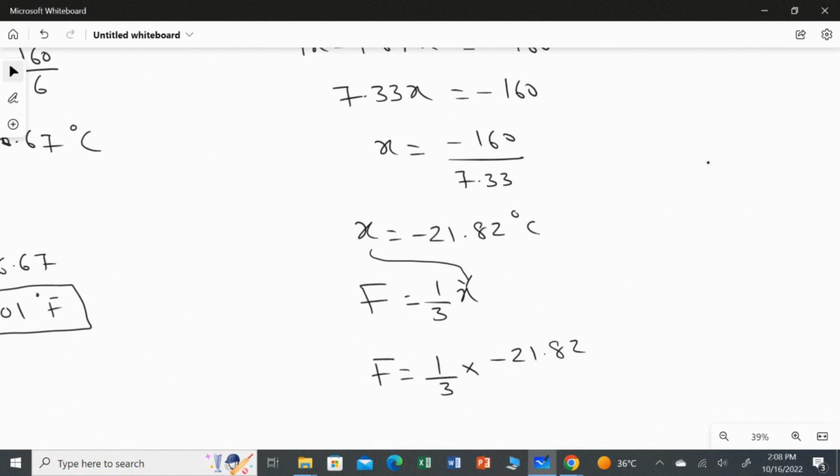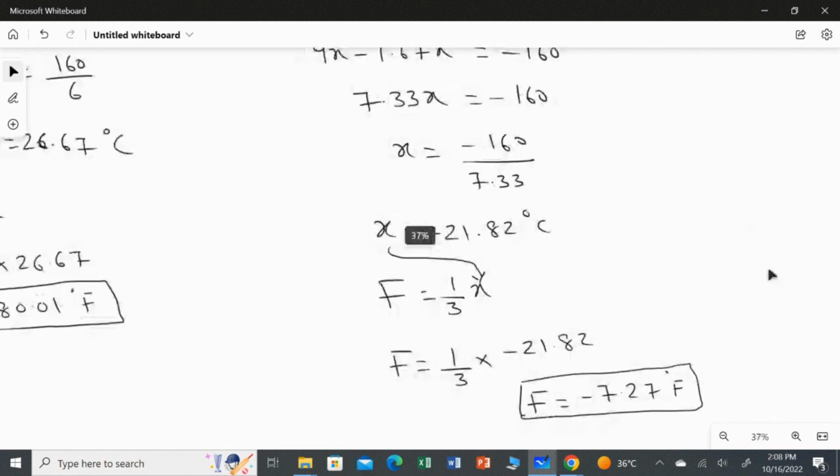So your answer becomes minus 21.82 over 3, which is 7.27. What's the final answer? F is equal to minus 7.27 degree Fahrenheit. So this is the answer to your second question.